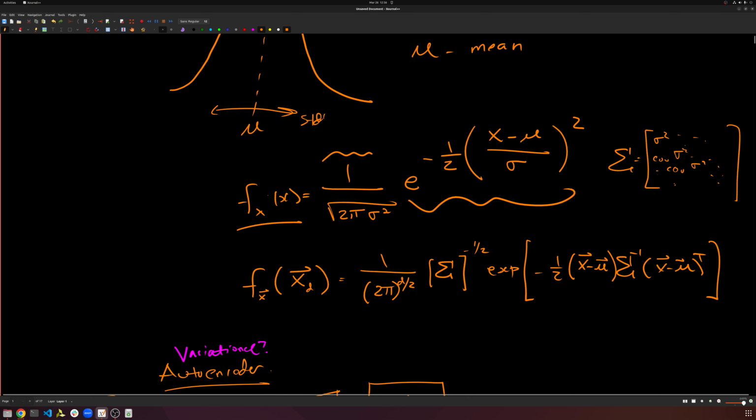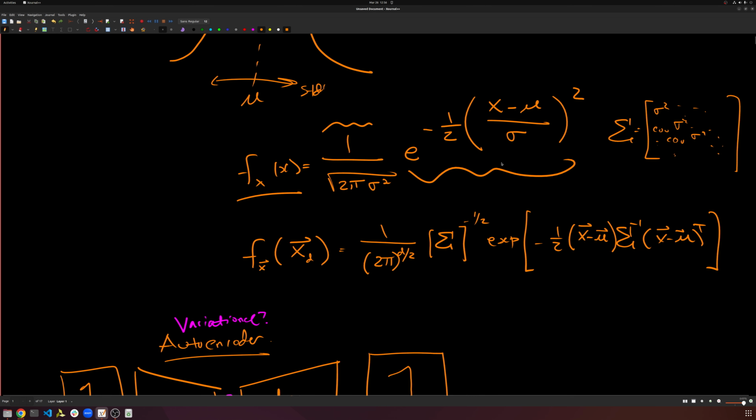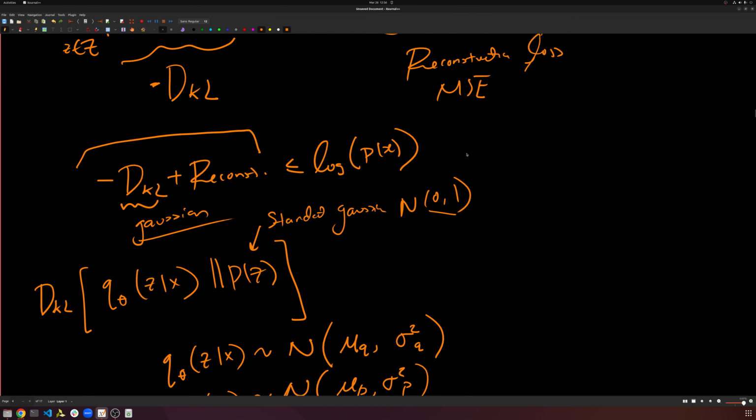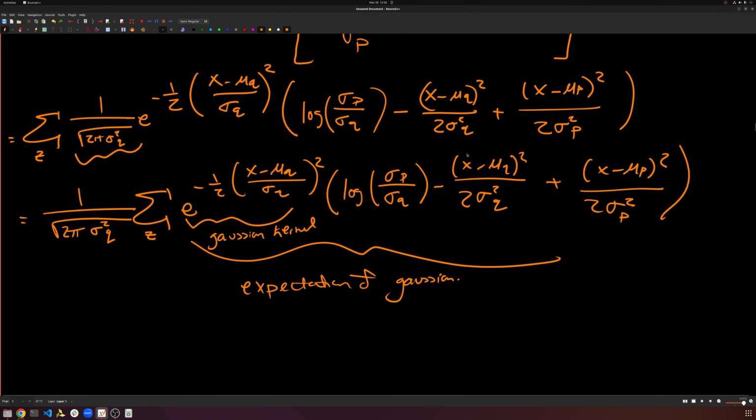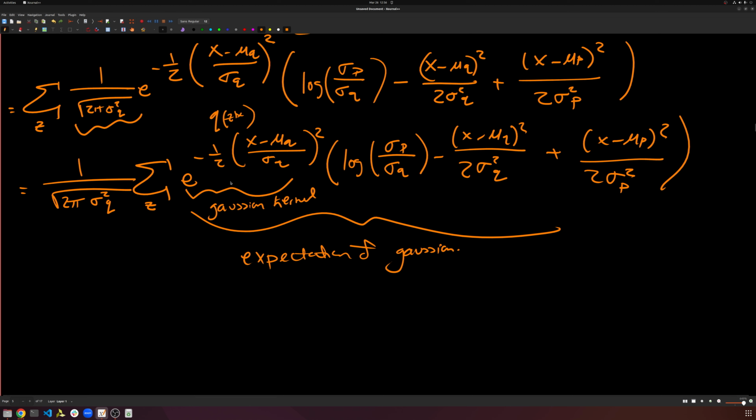It's just scaling, so our distribution adds to 1. But this is effectively our Gaussian kernel. So this is basically an expected value on a Gaussian kernel that came from distribution Q, z given x. So we can actually rewrite this in that form. And actually, technically, I could have just left this inside as well. It wouldn't have made any difference. But this is just an expectation.